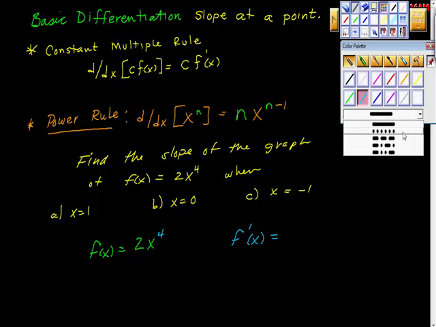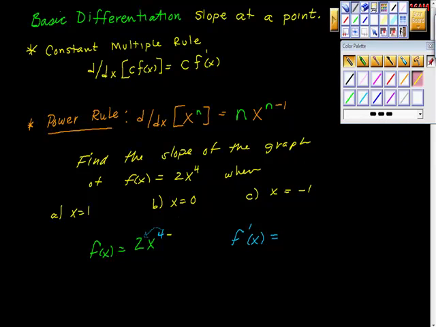And this is what we're going to do here. We're just going to use this as our model over here. We're going to do 4 times this 2 right here, and then after we do that, we decrement this exponent by 1. So minus 1. What's happening here is that this c is this 2.